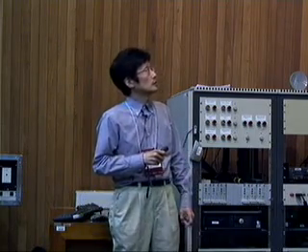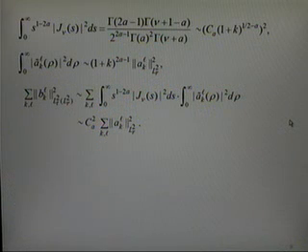Okay, the integral with respect to s. This integral is explicitly calculated with the help of the gamma function, and when k is large, this nu is proportional to k.